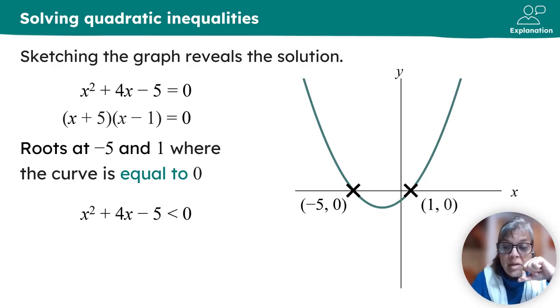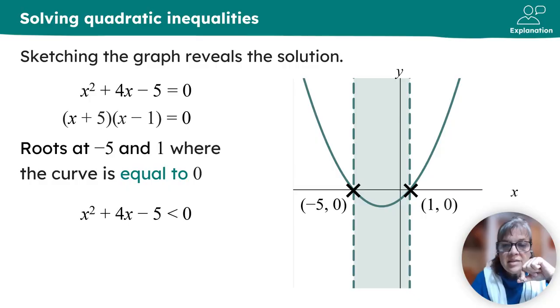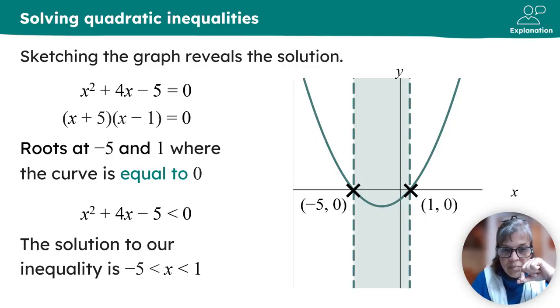Now, if it's below that, then it's going to be the range of anything that's between those two values. So the solution to our inequality, I take those critical values, what would be the roots, but I know that I want what goes between them. So it's -5 is less than x and x is less than 1. So I want that portion of the curve.